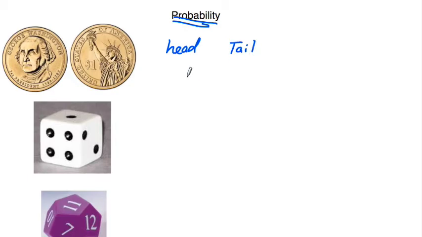So those become the possibilities of flipping a coin. If you're rolling a single die, then you have a possibility of rolling one of 6 numbers. And if you're rolling this fancy die, you're going to be rolling numbers 1 through 12. So these would be considered what is possible when you do these, and I like calling them experiments.